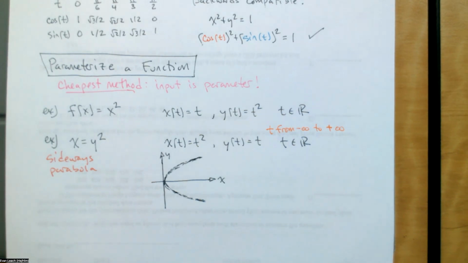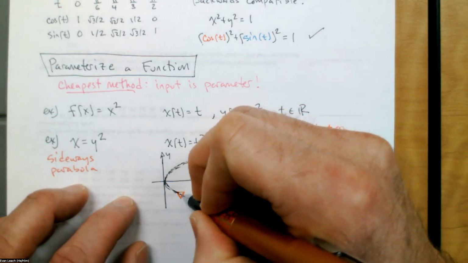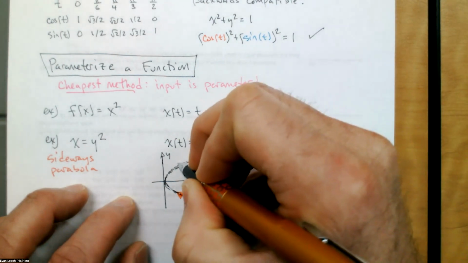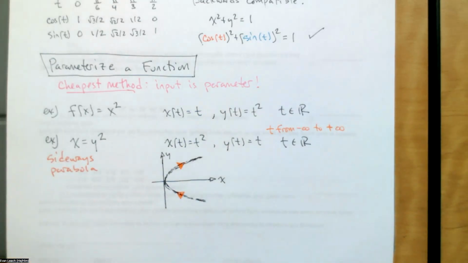Parameterizing a function will give it some order or some orientation. So it's going from down to up. A parameterized curve will always give an orientation to the curve.